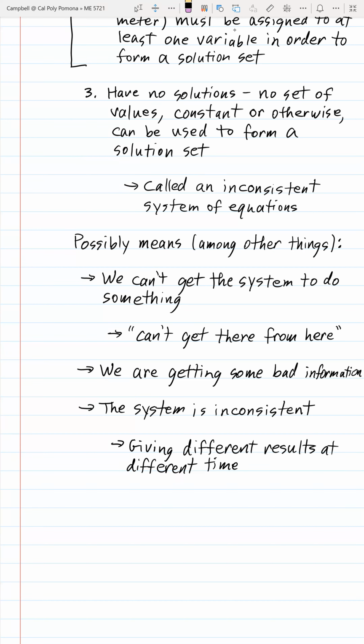So maybe we have a system that wasn't built terribly well. We have some misalignments associated with tolerances and gaps and things like that.